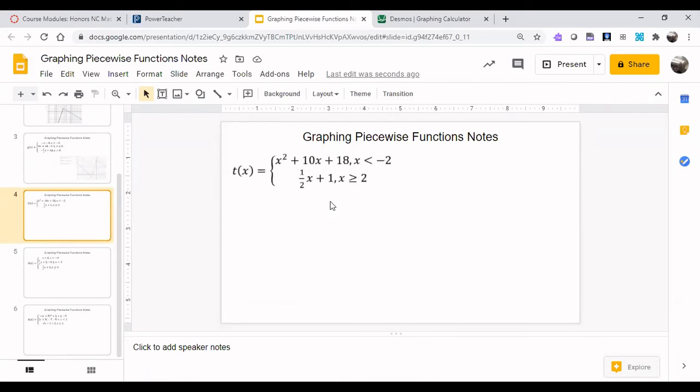When you start getting into the functions that are not just linear, just type them in like we did with that bracket. So if you have x squared plus 10x plus 18, when x is less than -2, 1/2 x plus 1, x is greater than or equal to +2.